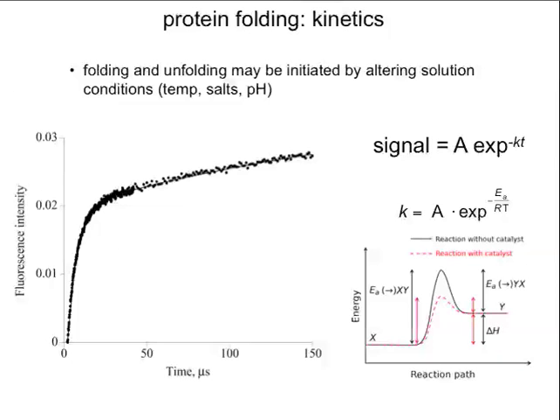So that's still buried in the process, but the kinetic process is governed by this activation energy that must be overcome. So the higher the activation energy, the slower the reaction. The lower the activation energy barrier, the faster the reaction.